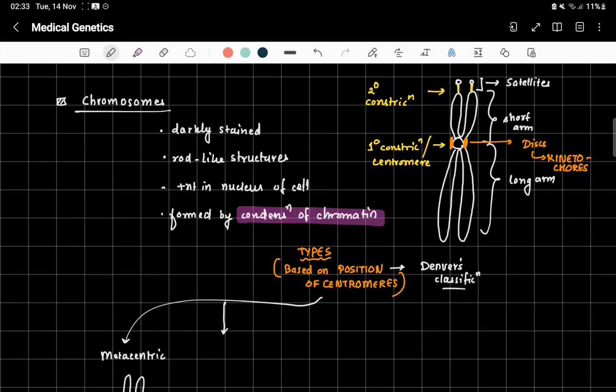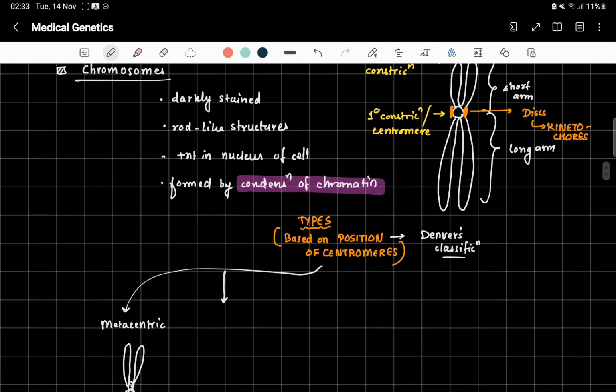You can read genetics in your physiology or your biochemistry, or you can purchase a textbook for genetics as a whole.